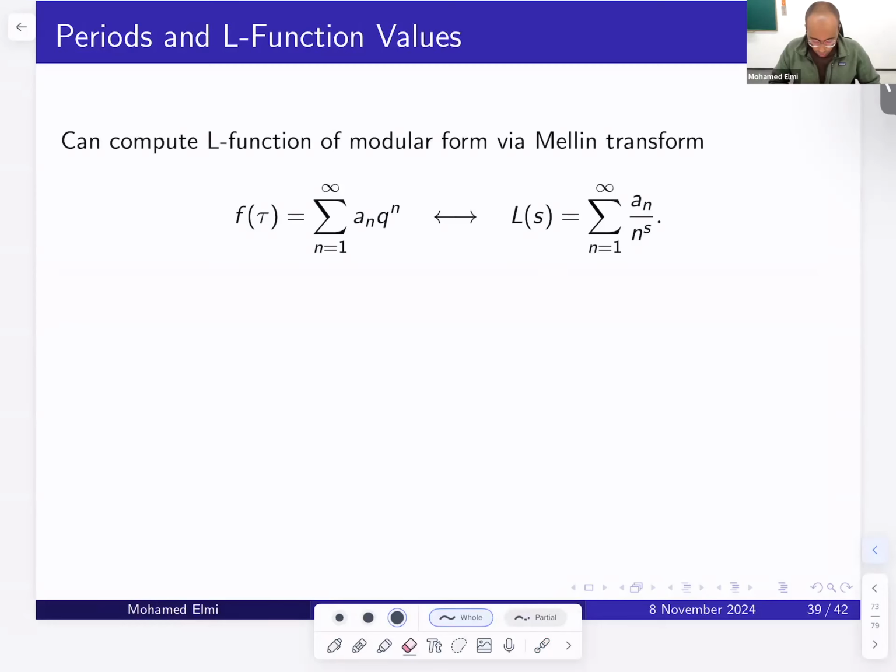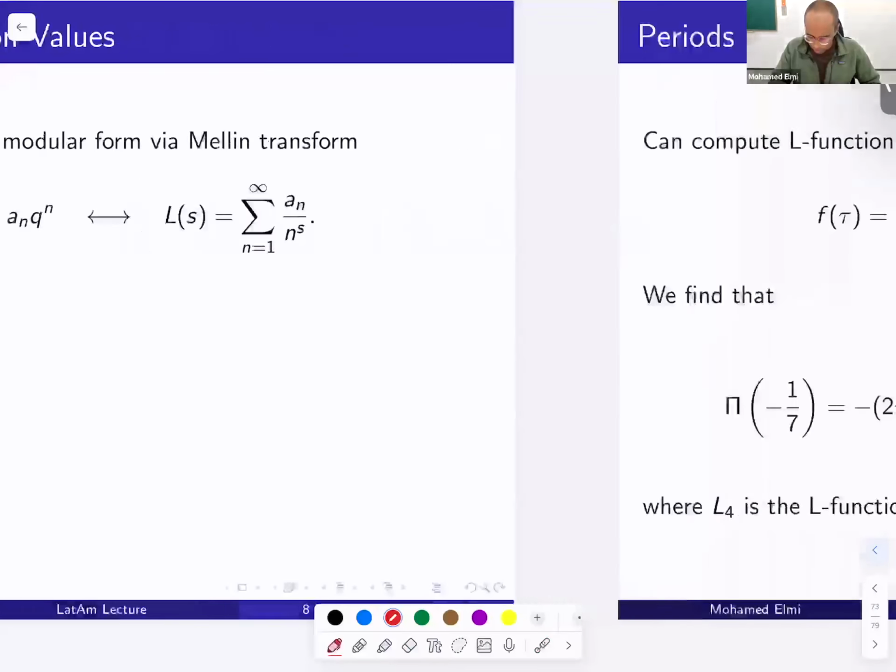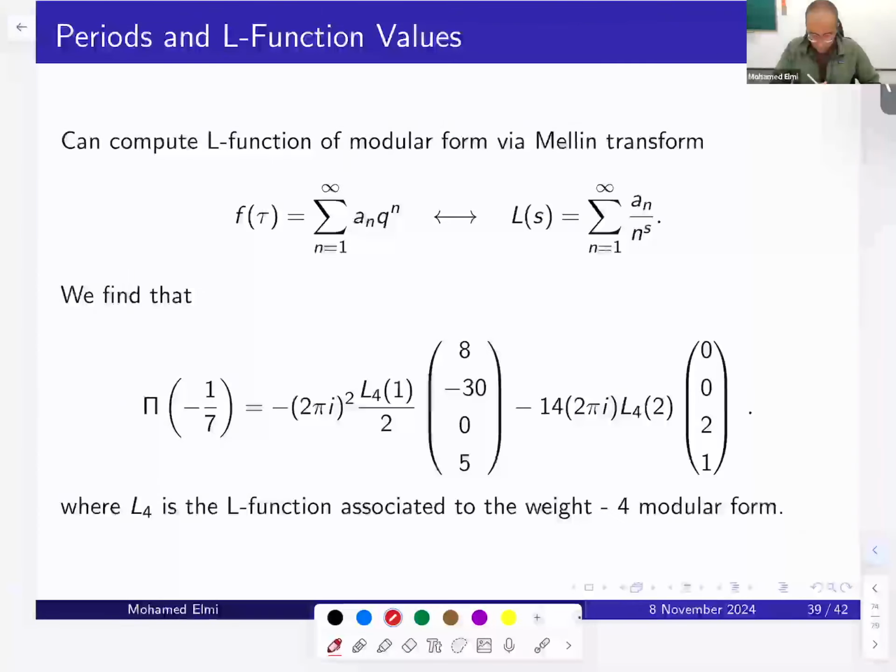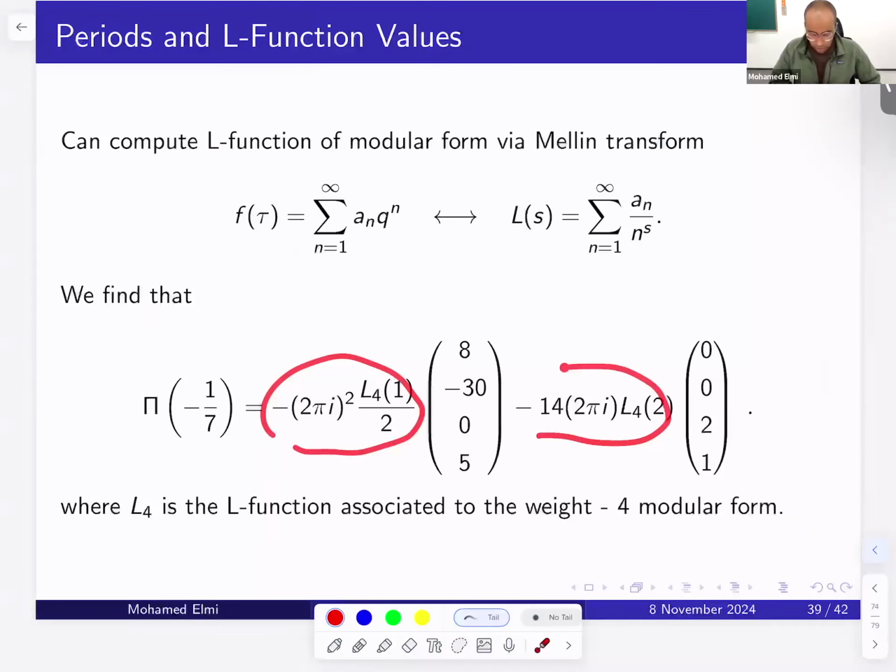So in this case, it's 1, 2, and 3 for a weight 4 modular form. I won't explain what a critical value is. I will just say that these numbers that we computed numerically earlier, you can conjecture exact expressions for in terms of these critical L values.